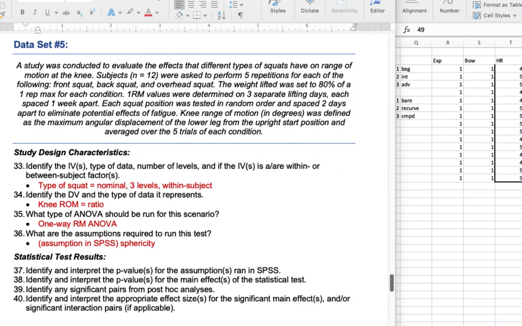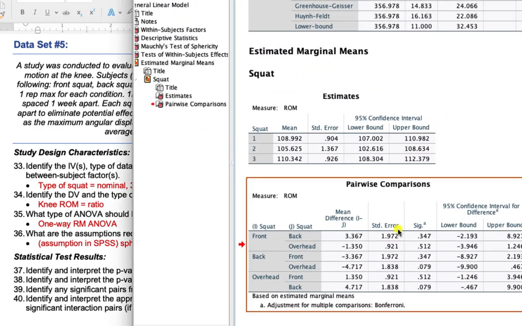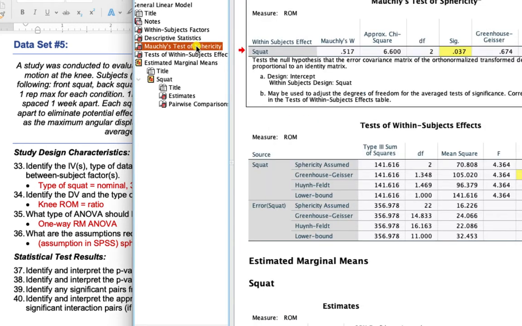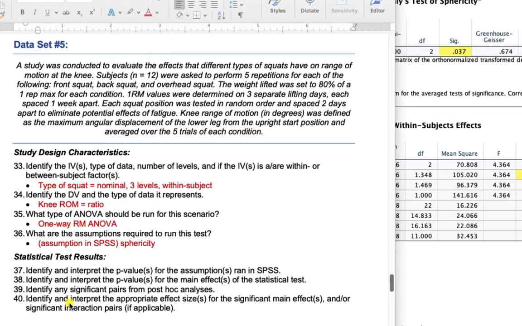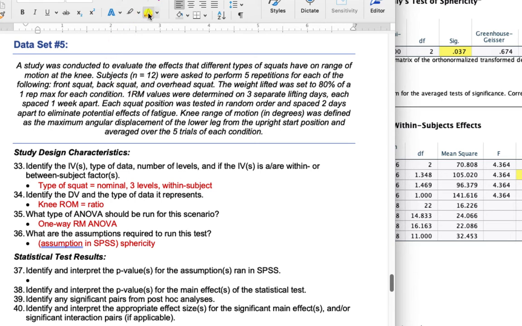So if we minimize that one and look at dataset number 5, this is the output that I was able to generate. The p-value for Mauchly's test is 0.037, which is less than 0.05.